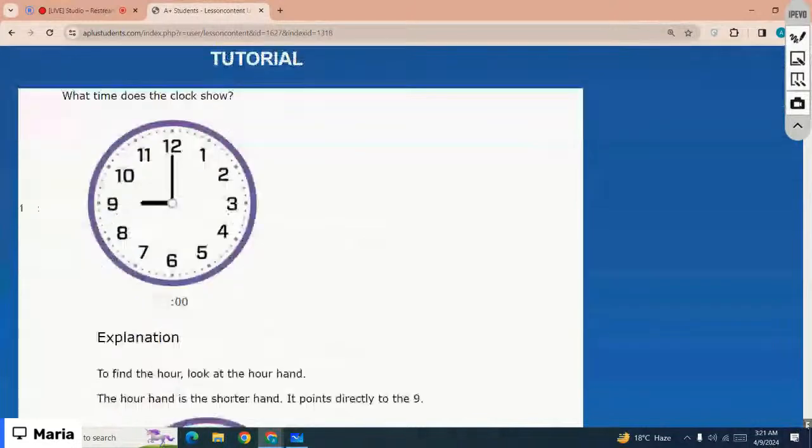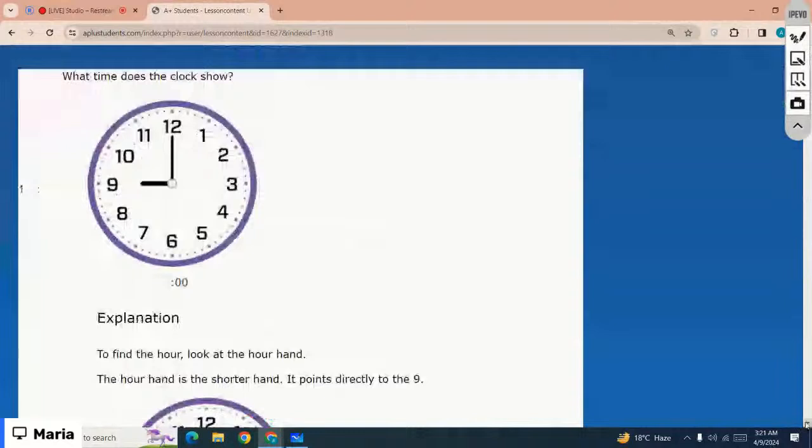What time is it? The hour hand points to 9 and the minute hand points to 12. That means that is 9 o'clock, isn't it? Okay, let's just start with the questions.